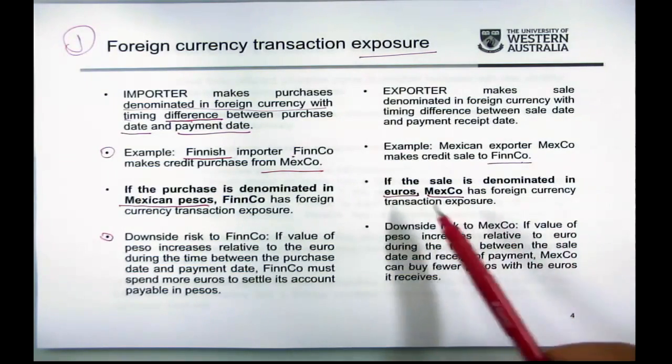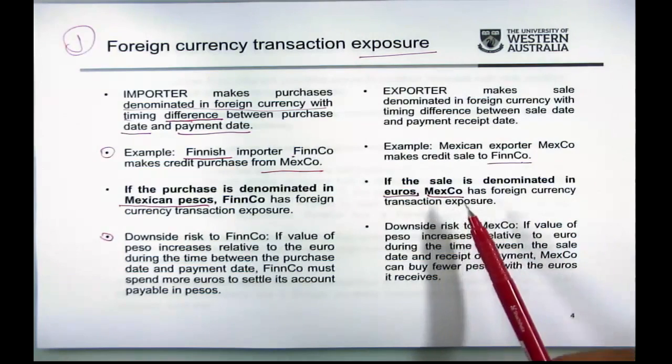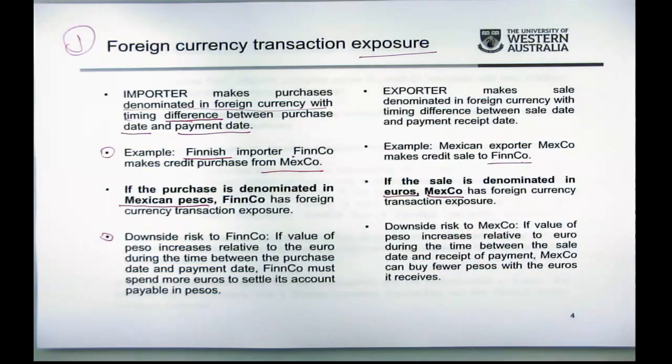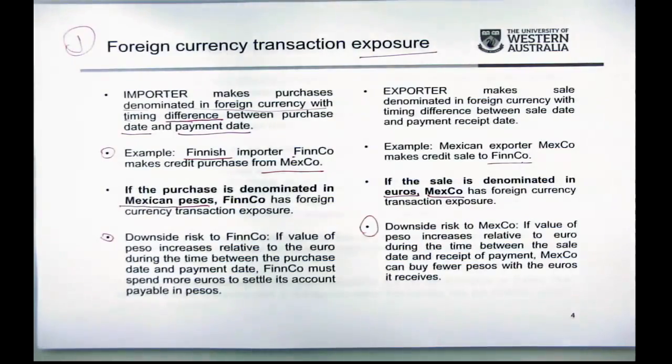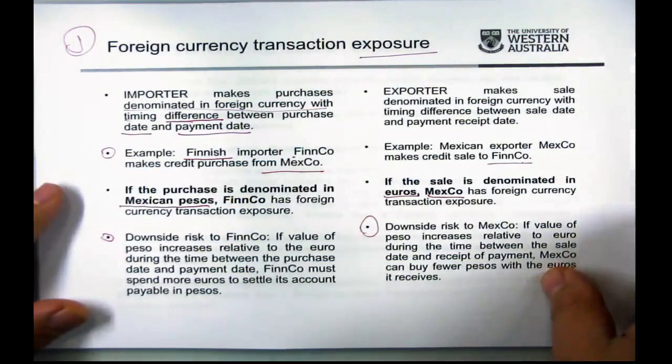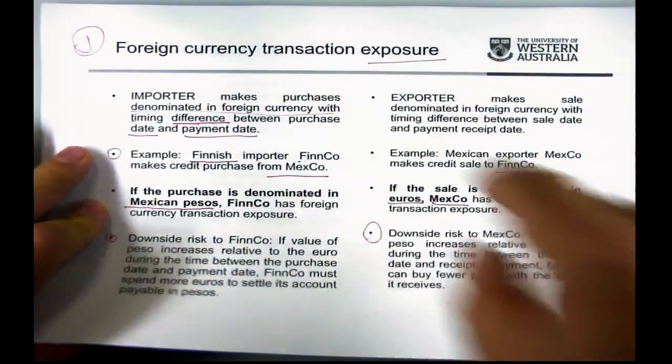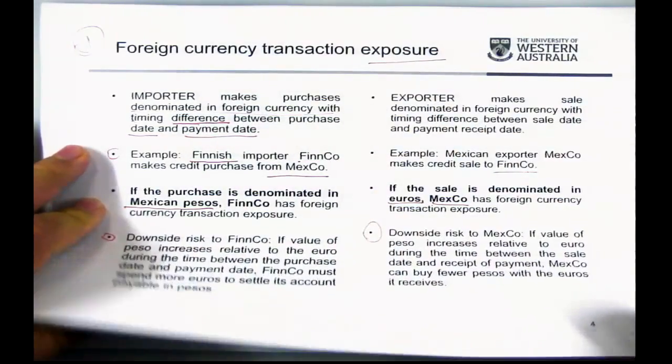In this case, when the Mexican firm receives the euros and converts them into pesos, the firm will receive a smaller amount of pesos. Make sense? So we say in this case that Mexico is subject to the foreign currency transaction exposure, or simply foreign currency risk.